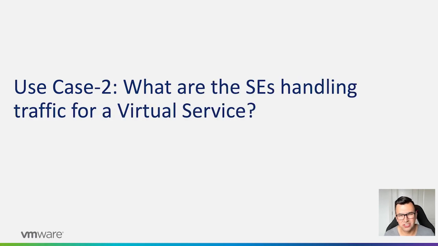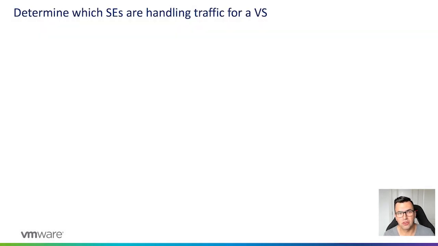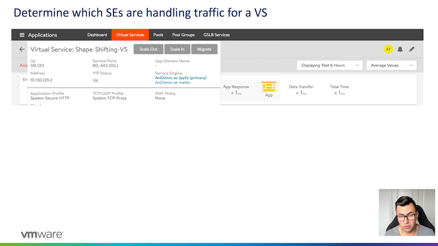What SEs are handling traffic for a virtual service? This is the other common question. And in order to determine that, when we go to the virtual service and hover the mouse over the name, it's going to tell us how many are running.